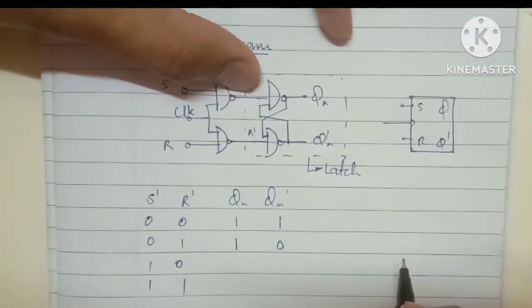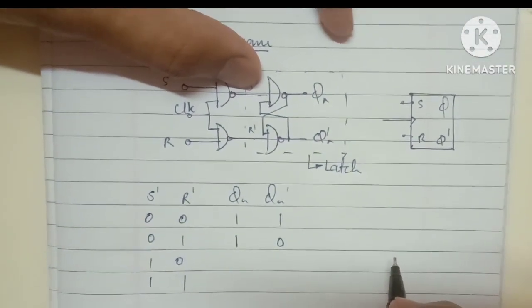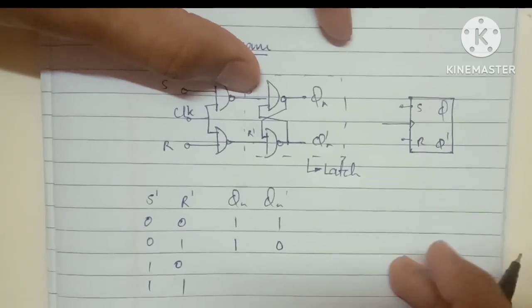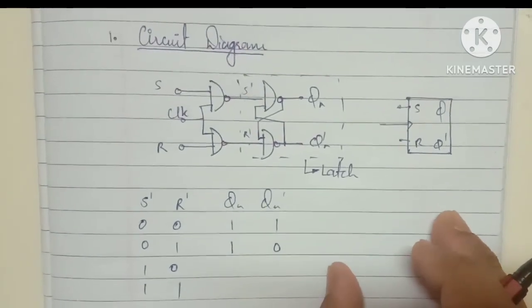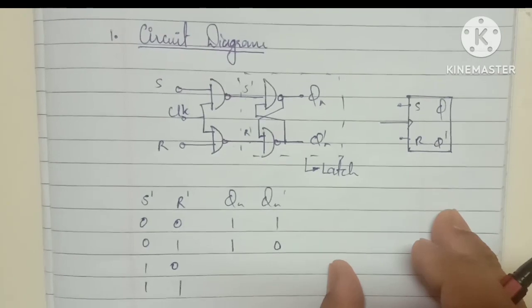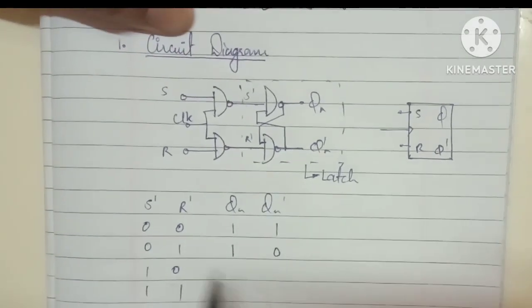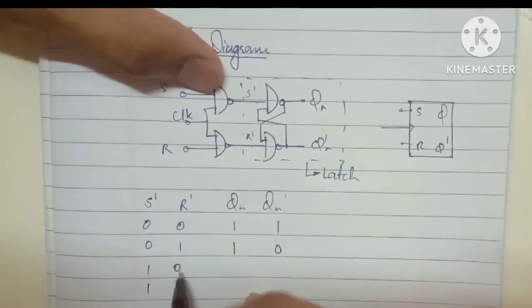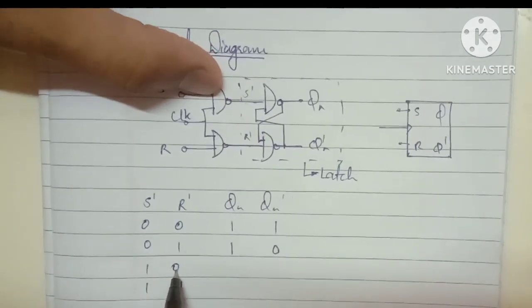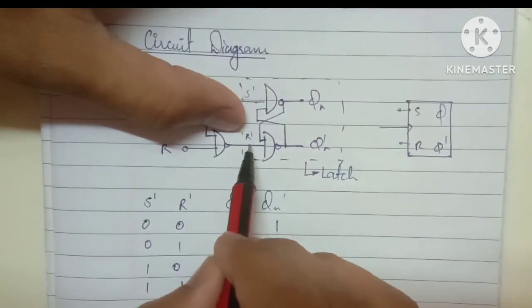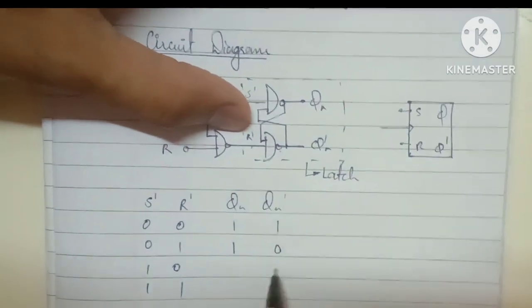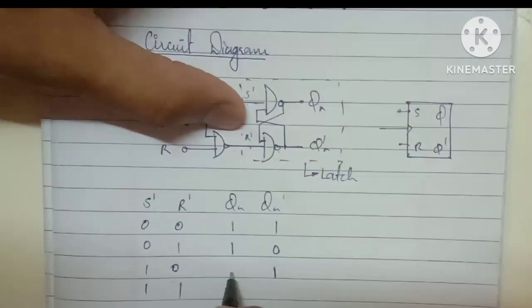You have to remember the NAND gate truth table and the NOR gate truth table because this is directly important. I also taught NAND, NOR and all the logic gates in my previous classes, so you can watch them. Now whenever the input is 0, just pick that part. So this is R dash, the input is 0, it gives 1, so 1 and 1 will give you 0.